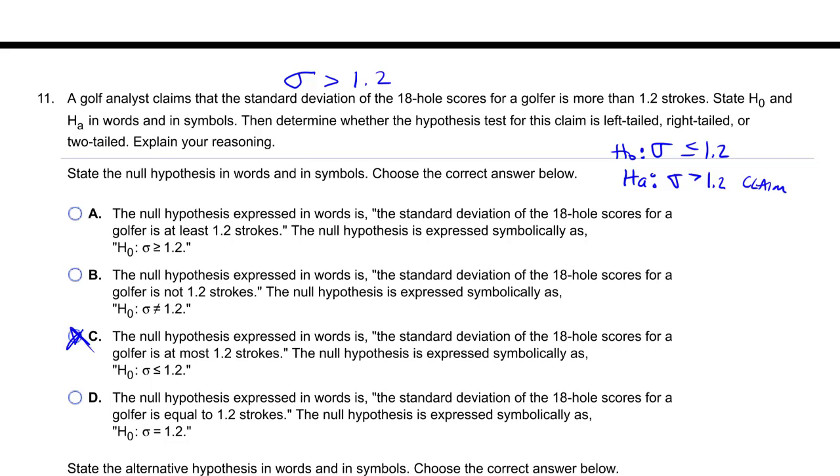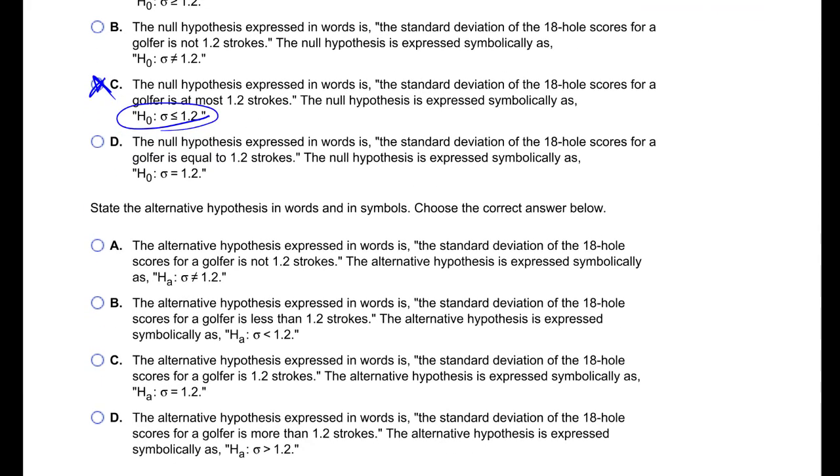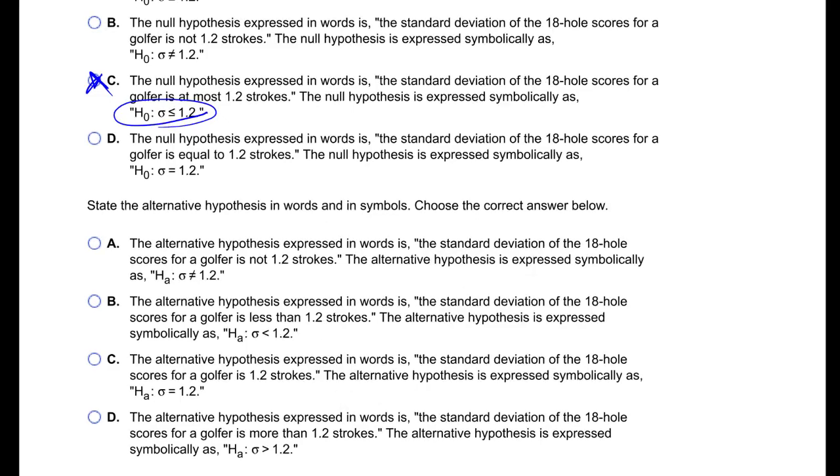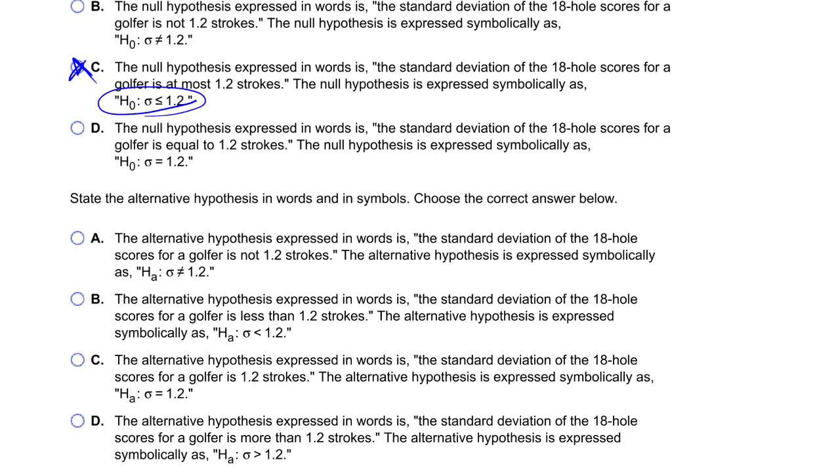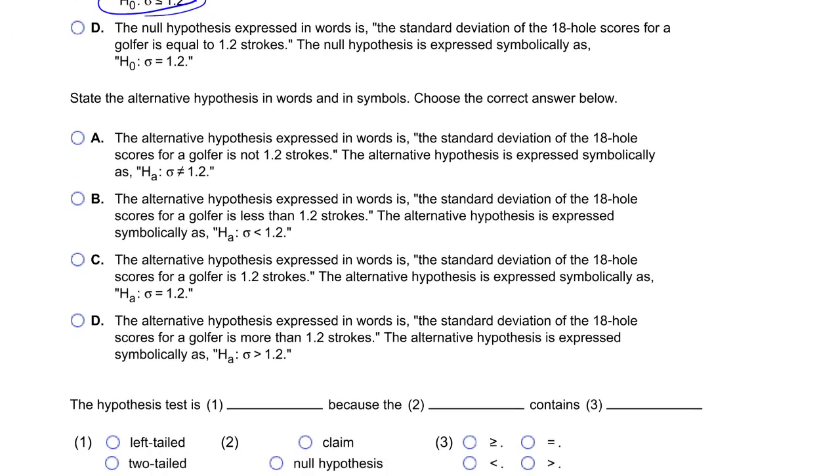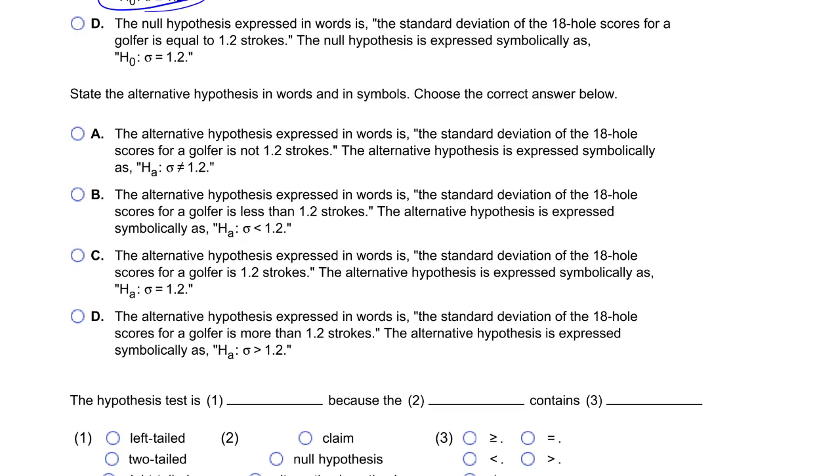The null hypothesis is then this. That's what we had. The alternative we said was sigma greater than 1.2, and that's this one here.